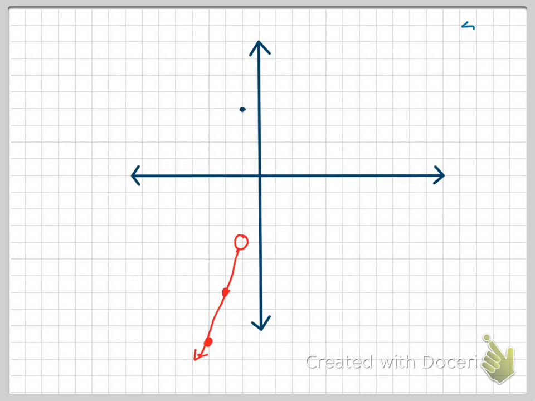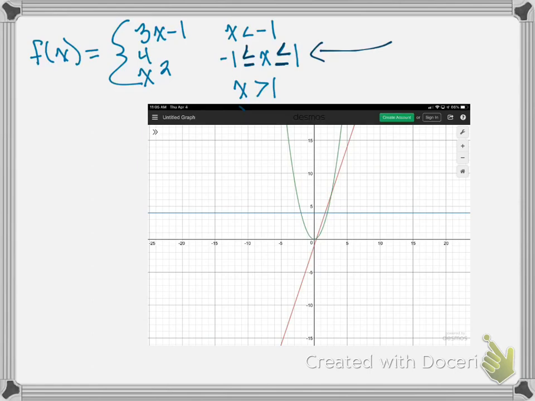So here we go. Why do I have the dots there? Because of the equal to. Do you see this? That's where your or equal to's are. Wherever you've got the or equal to's, that's the graph that has the closed dots.